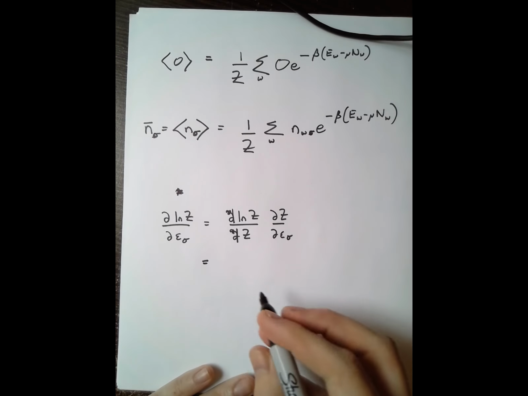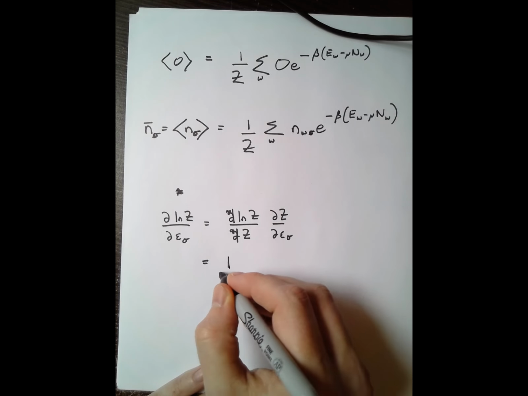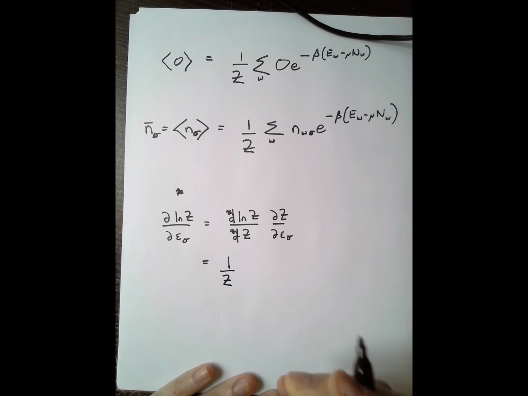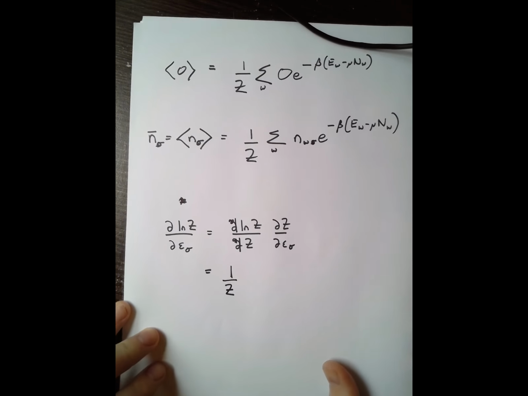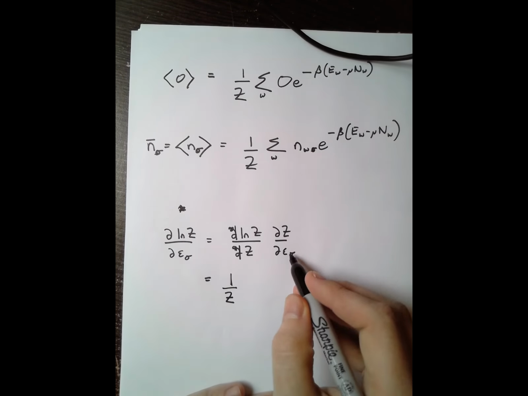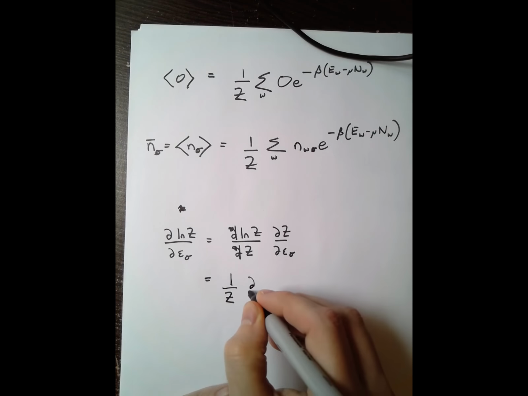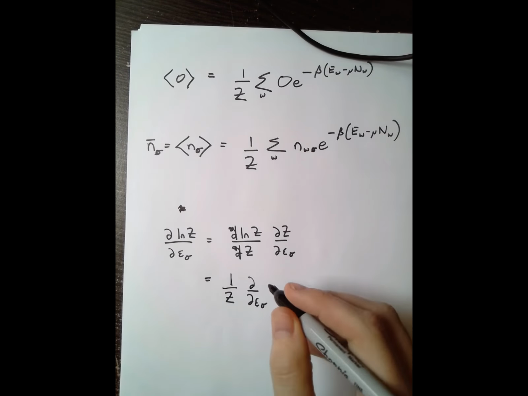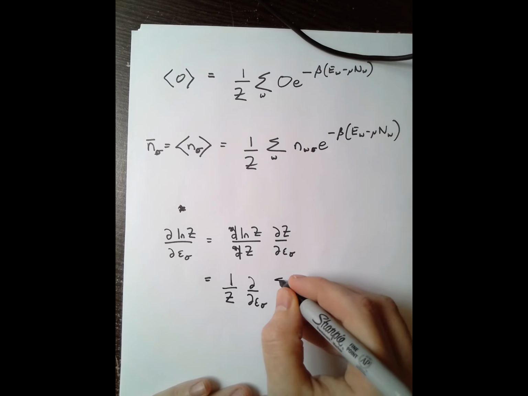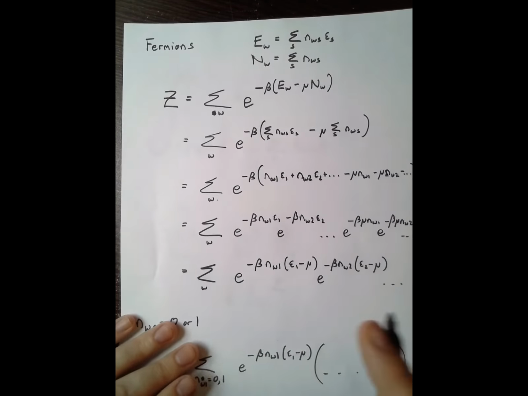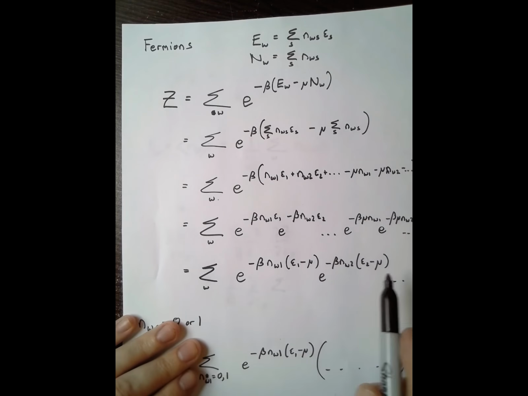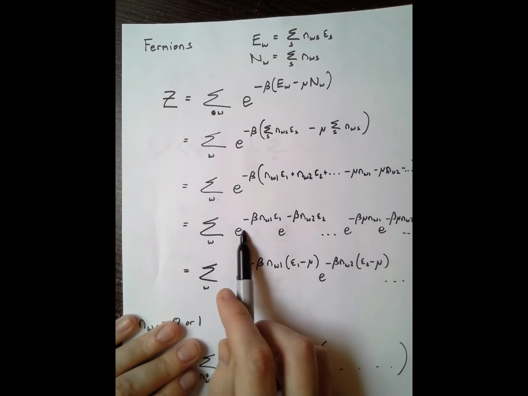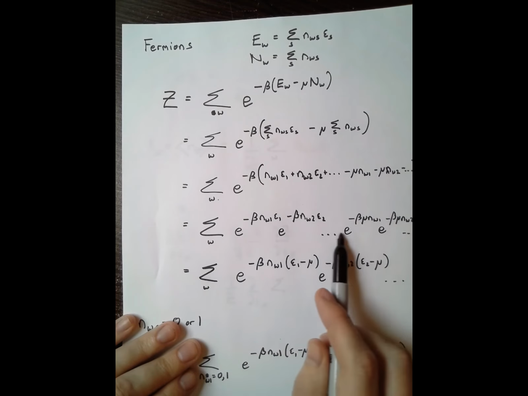Now d log z by dz is just 1 over z. The logarithm of a function differentiates to 1 over that function. dz by d epsilon sigma, well, z is, again, if we go back to where we started from, we can write it as, for example, this set of factors here.